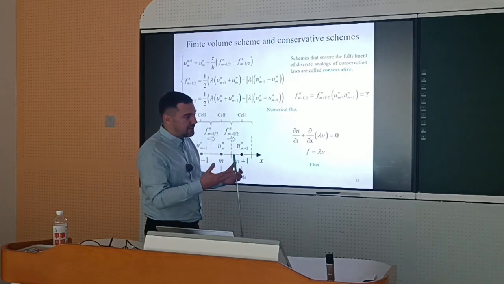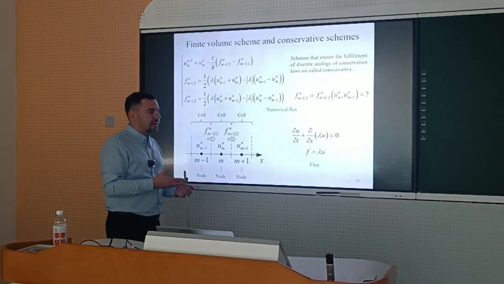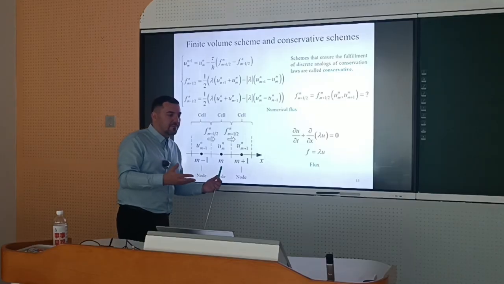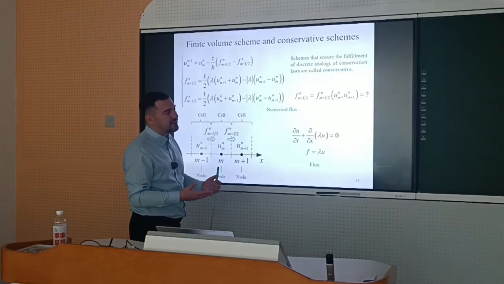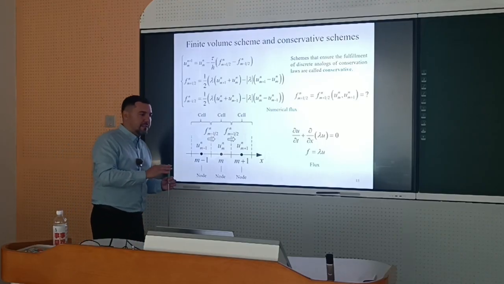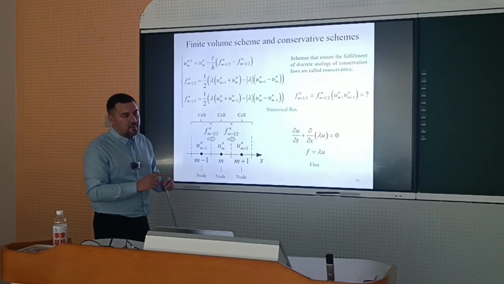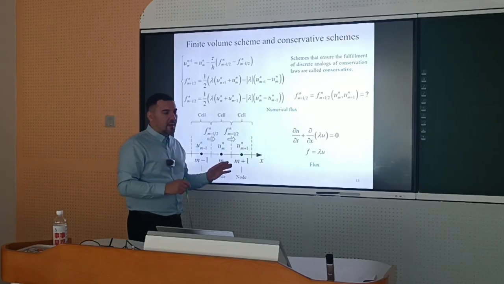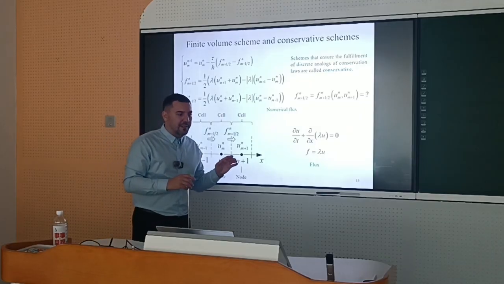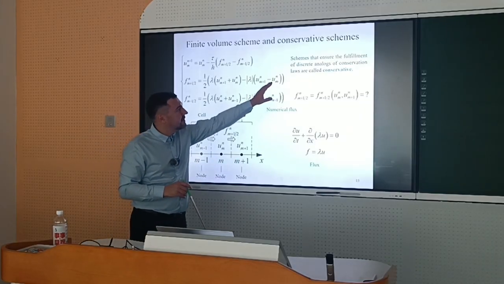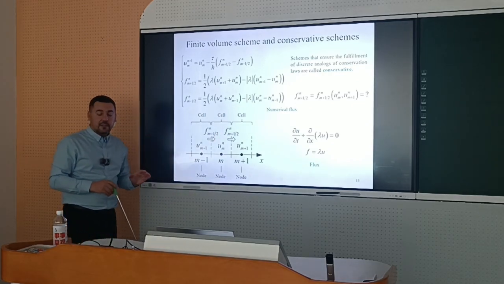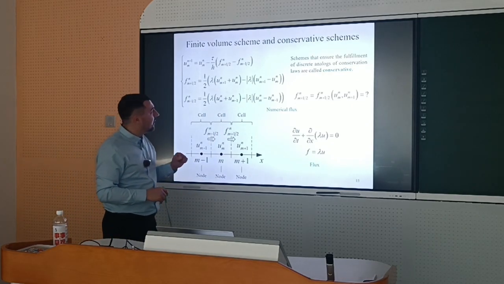For example, you must be sure that you don't have some additional mass or loss of mass in your computational domain. Maybe you can make some mistakes, maybe some features of your flow may be wrong, maybe your scheme is not very accurate, but you should be sure that the discrete analogs of conservation laws are valid. And so that's a very important property.